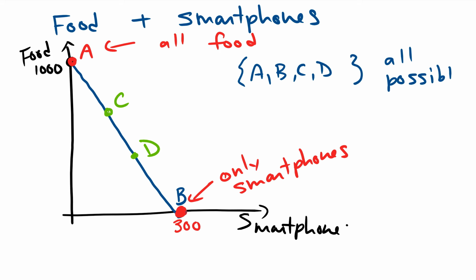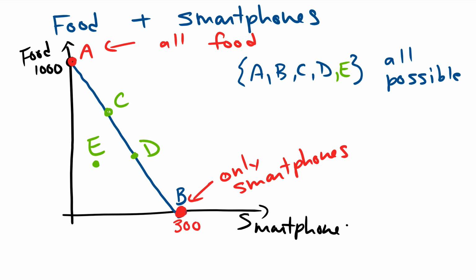Now, let's go ahead for a second and label another point, E, and ask: is E possible? You can take a second to think. You may pause the video. Yes, definitely E is possible. E is possible because, sure, if we can do this many, then we can do less, right? We could choose to do a little bit less.